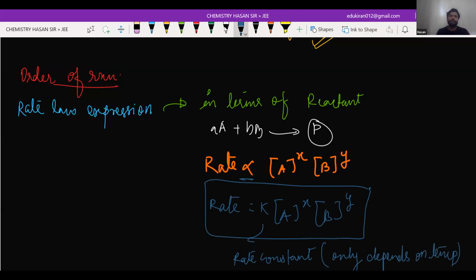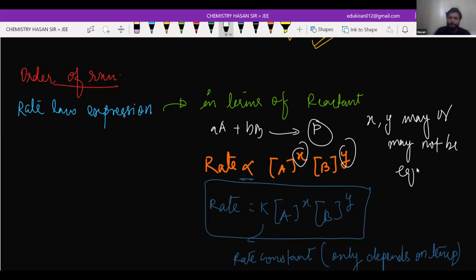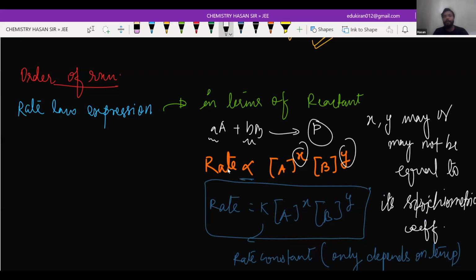Now come to this x and y. x and y may or may not be equal to the stoichiometric coefficient. That depends upon the type of reaction.